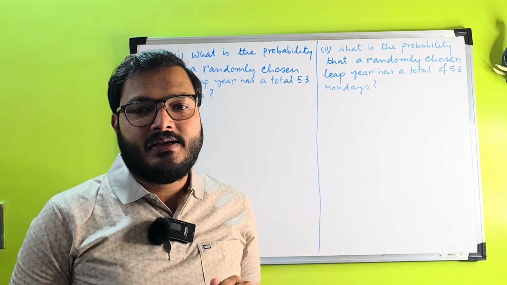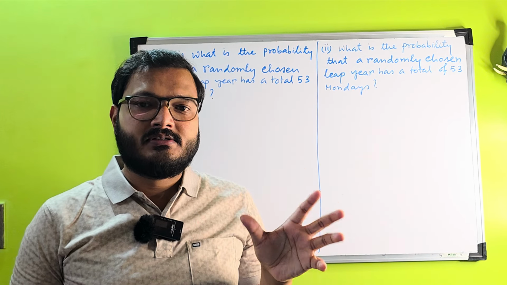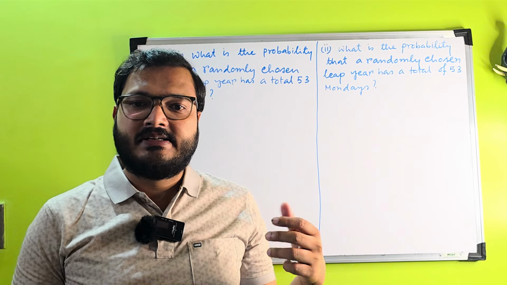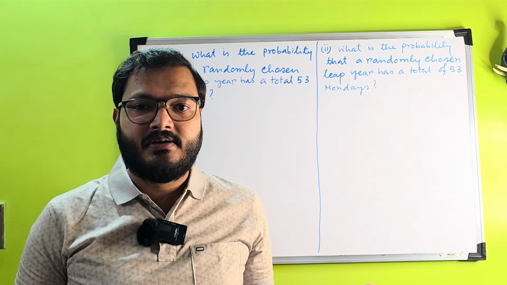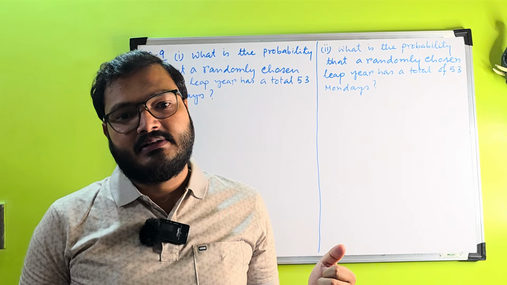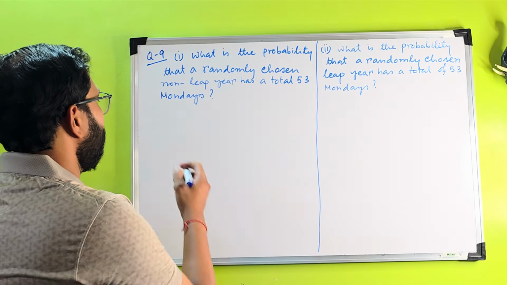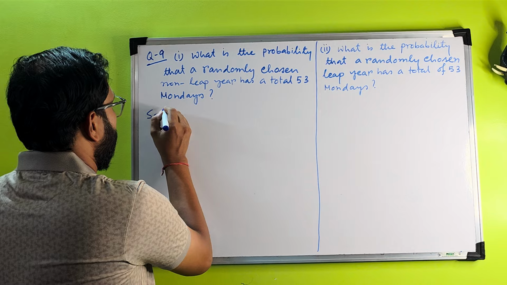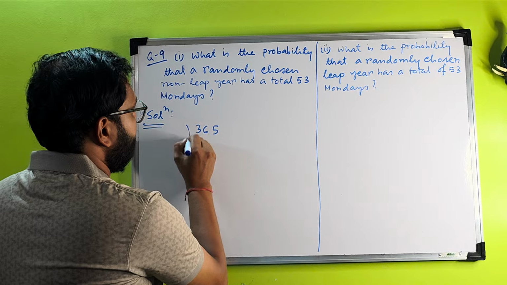First, we have to have the idea. A leap year consists of how many days? 366 days. And a normal year, which is not a leap year, consists of 365 days. So 365 days, look here, 365 divided by 7.